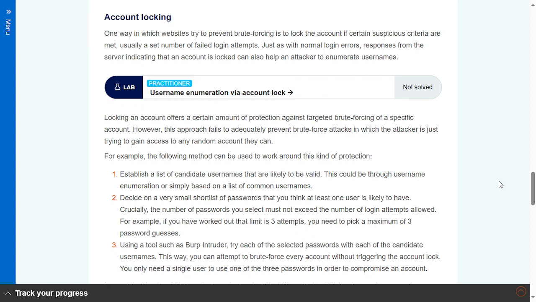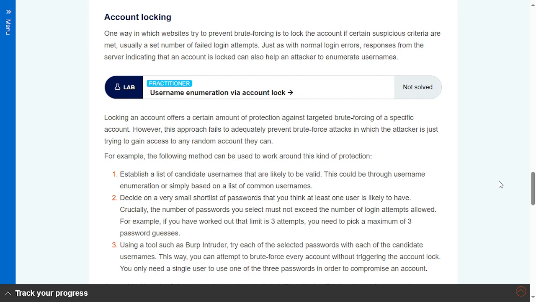Locking an account offers a certain amount of protection against targeted brute forcing of a specific account. However, this approach fails to adequately prevent brute force attacks in which the attacker is just trying to gain access to any random account they can.